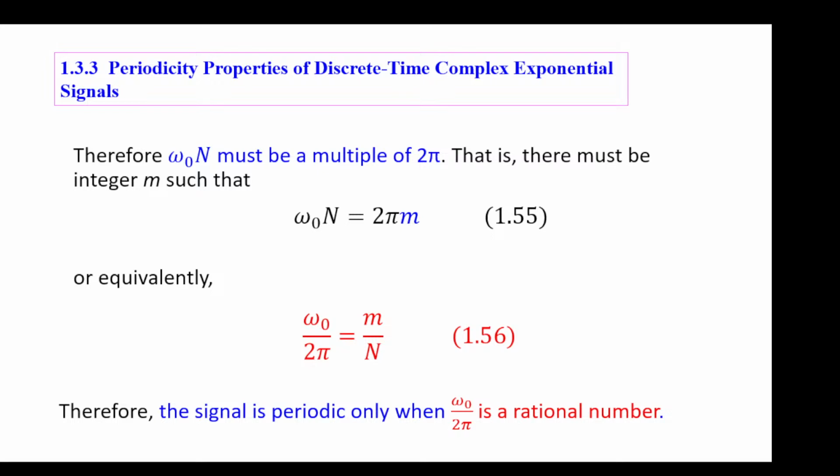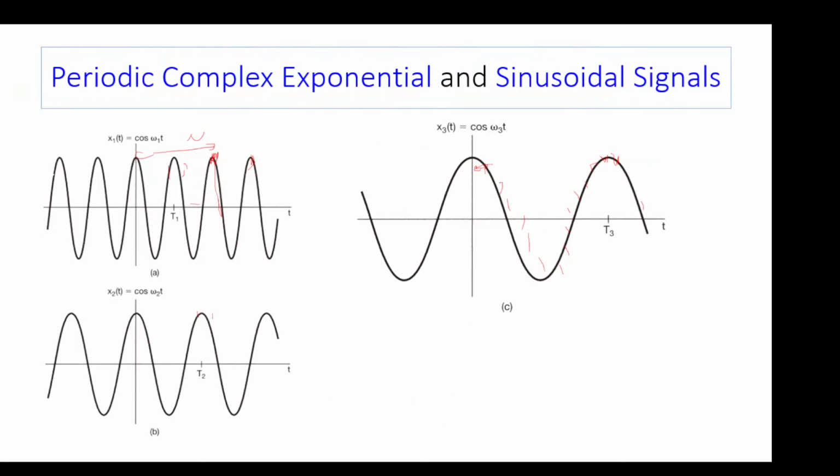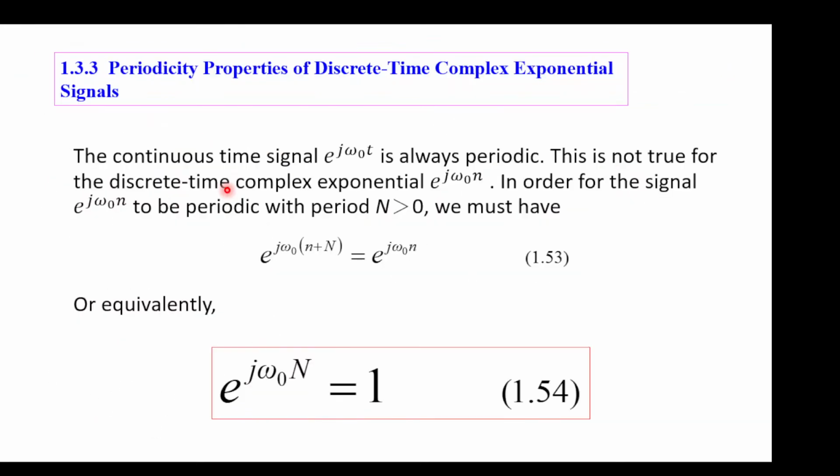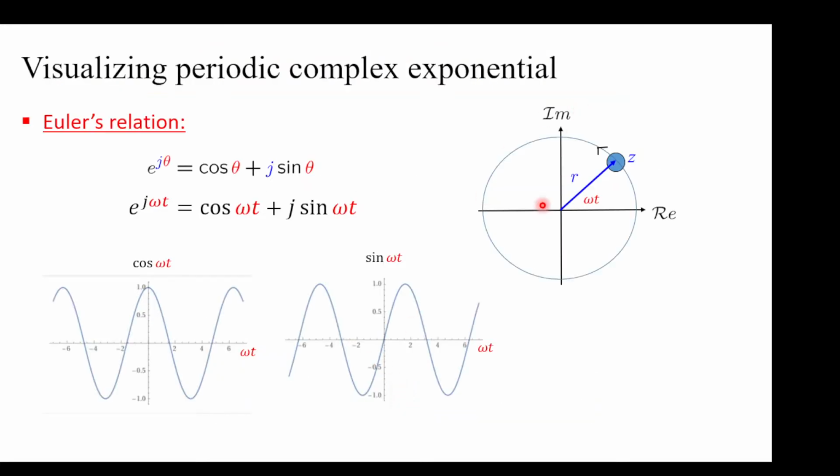And so we want to make that intuition into mathematical form. Then we solve the algebra. So we start with this e. For some n, e to the j omega naught n equal to 1, and so we go back to this.